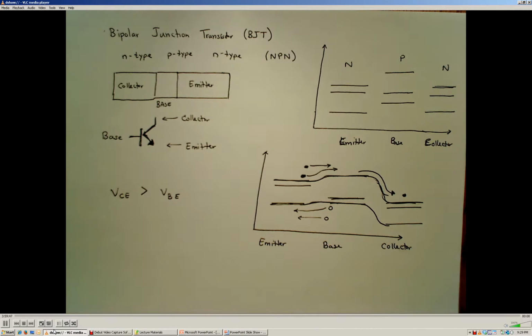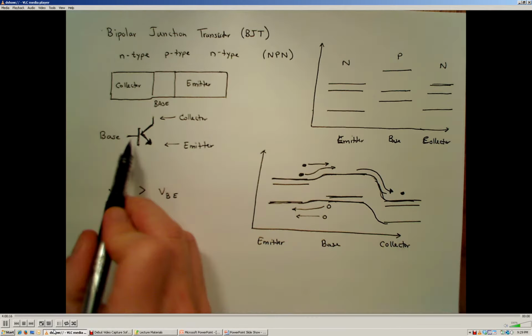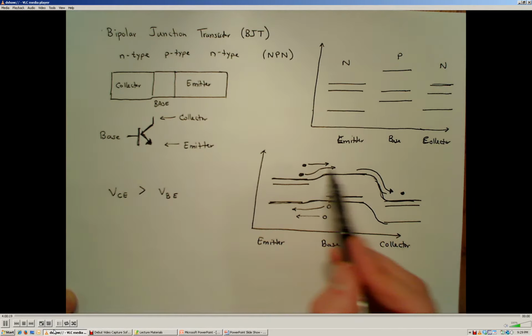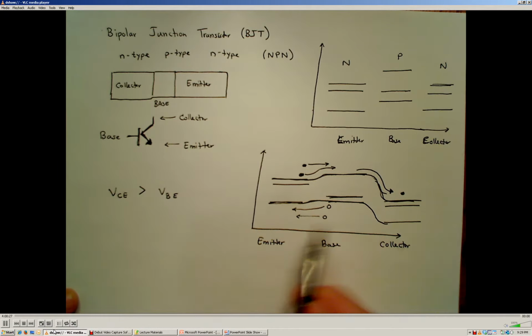But as we apply a potential across them, we're going to inject current into the base, and what's going to happen is we're going to get a net flow of holes and electrons through this material from the emitter to the collector, or from the base to the emitter.